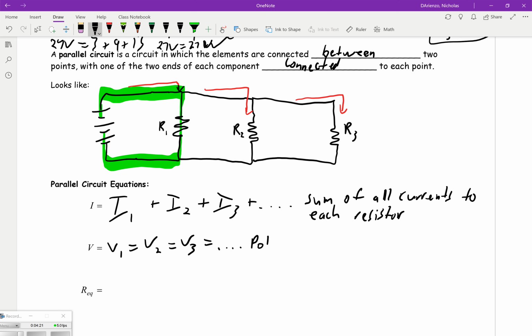So the potential difference remains the same to each resistor. So whatever the voltage is coming out of our battery, it's going to equal the voltage 1, voltage 2, or voltage 3 entering any of these branches of this circuit.